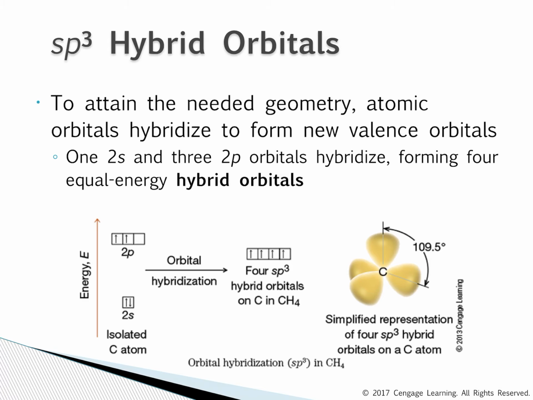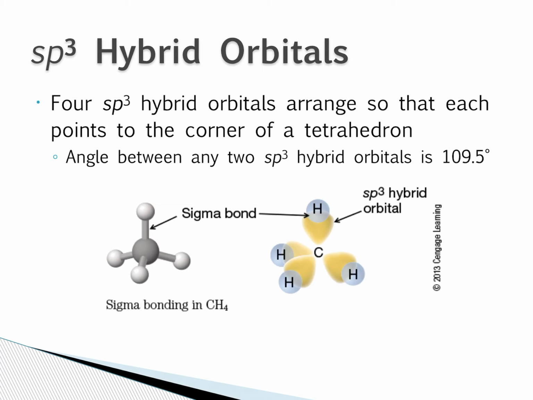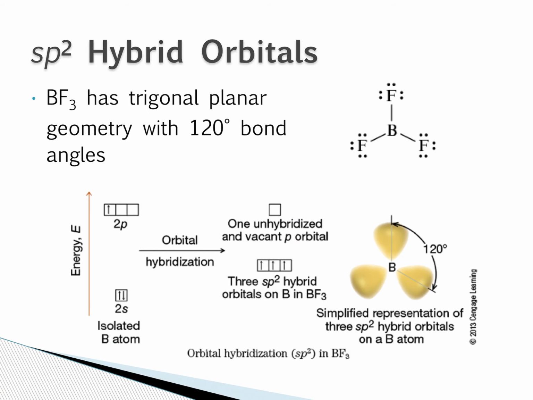So now I can have 4 hydrogens come in and overlap like this. They're overlapping with their s orbitals, and now that bond is formed because those electrons are being shared in that overlap, and we get the tetrahedral shape. So that's the sp3 hybrid orbital. We take all the s, all of the p orbitals, and we put them together in the sp3.